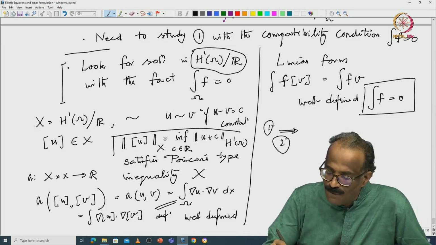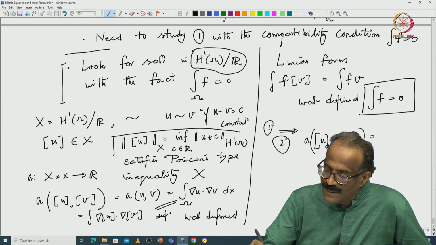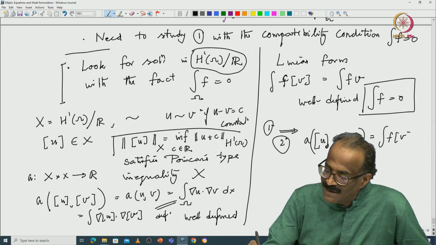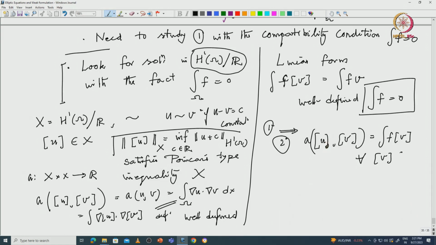Now your problem is A(u, v) is equal to the integral of f v, for all v in X, and now apply Lax-Milgram. I am going to give another proof for you, because that is another way of looking at it.